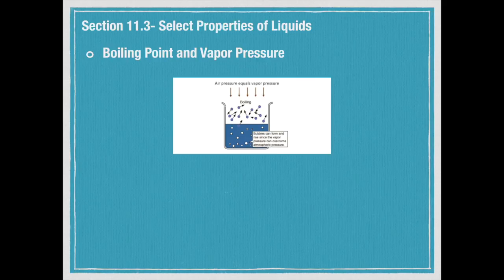So remember, the strength of these intermolecular and intramolecular forces is key, because the weaker that attraction, the lower the boiling point and the lower the melting point. The stronger that attraction, the higher the boiling point and the higher the melting point, meaning more heat and more temperature is required in order to break the attractions between those molecules or atoms.